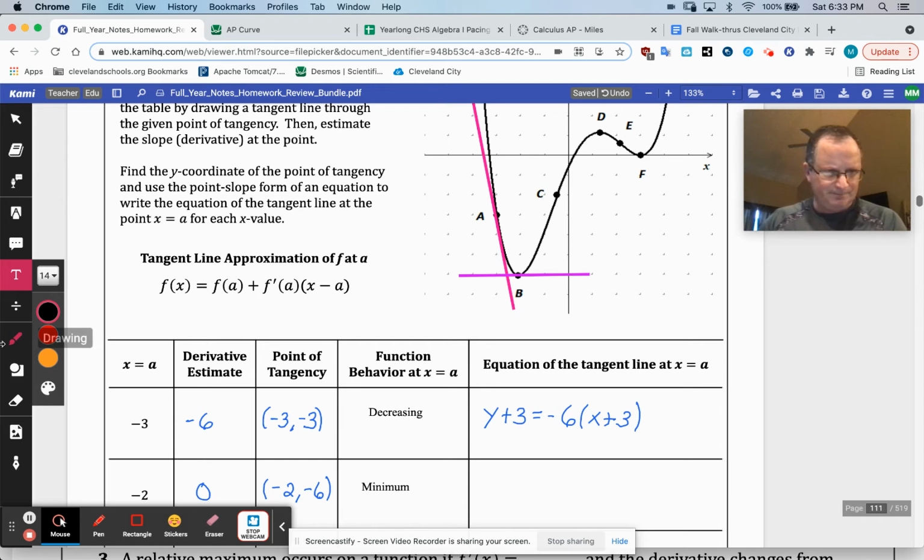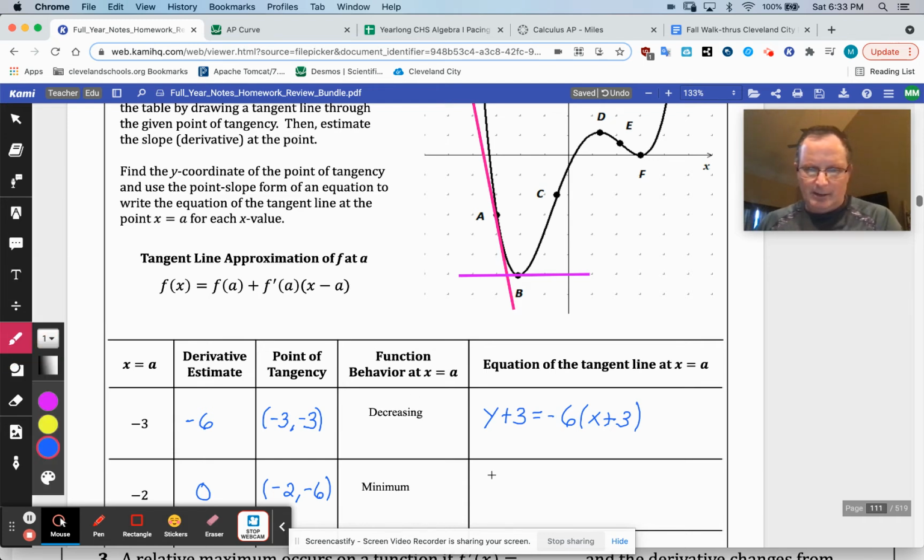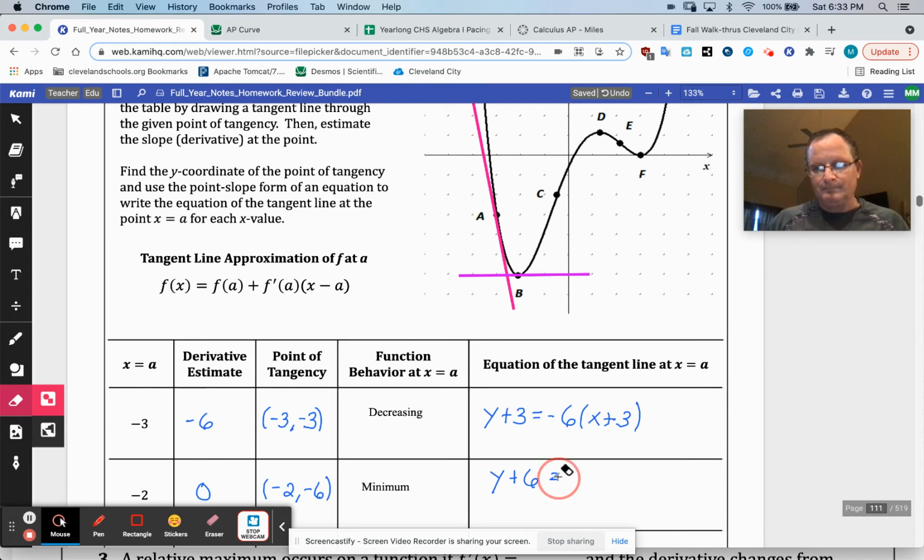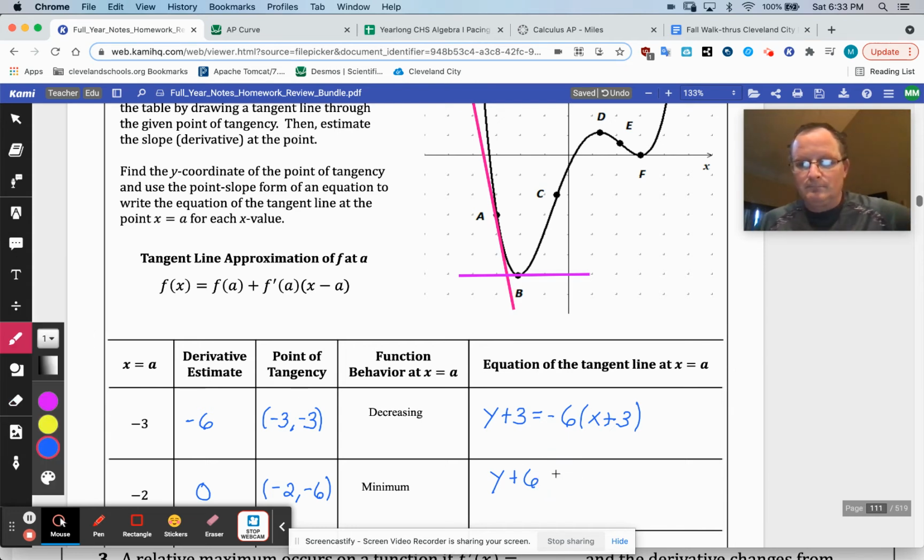So if we're doing it, it's going to be y plus 6 equals 0 times x plus 2.